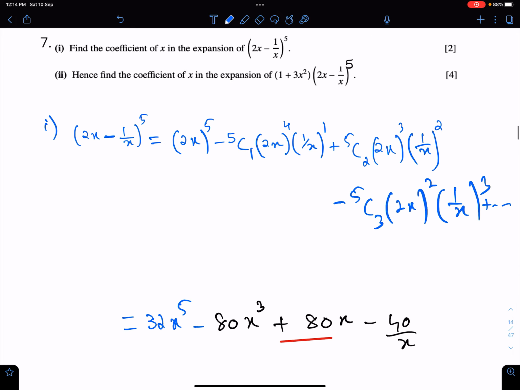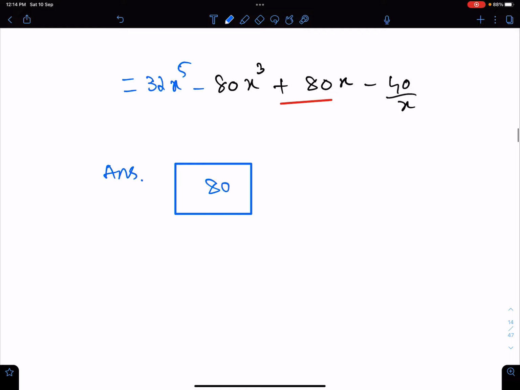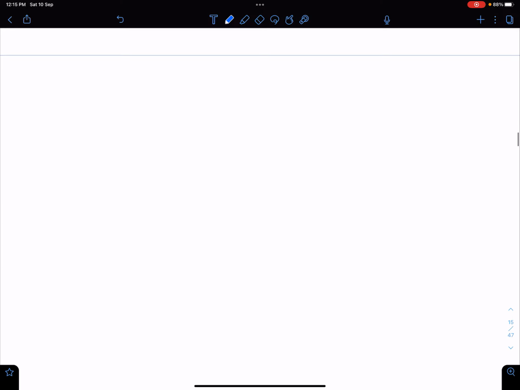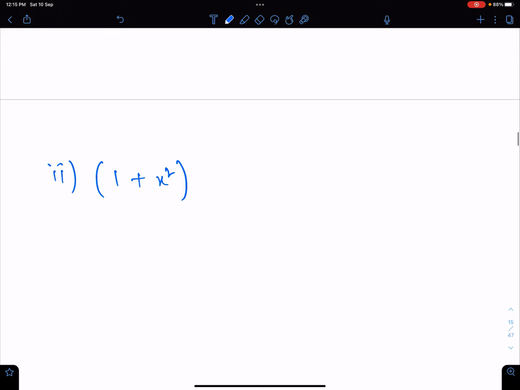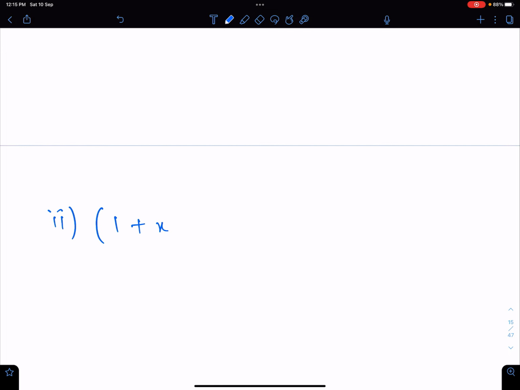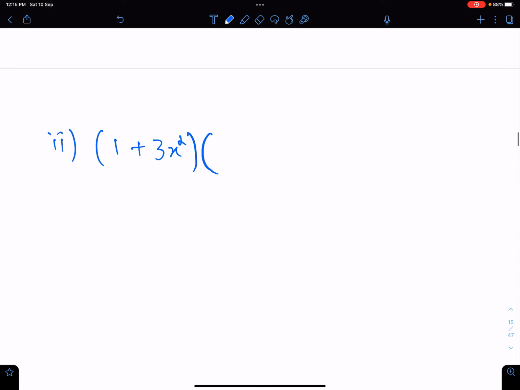Now the second part is very simple, because we have the expanded form of this expansion. So we will first copy this question here. I'm solving the second part here. So it's given 1 plus, sorry, 1 plus 3x square times this expansion, (2x minus 1 upon x) whole power 5.